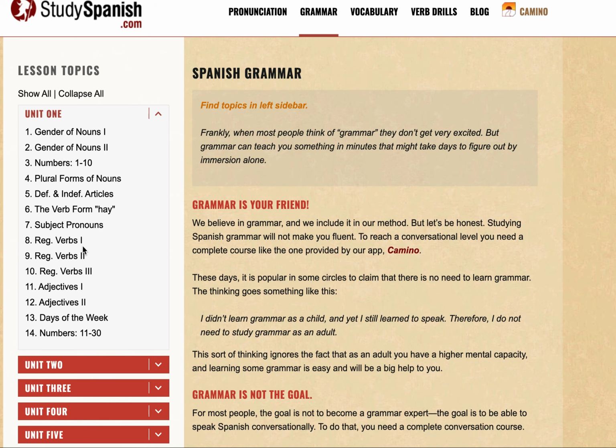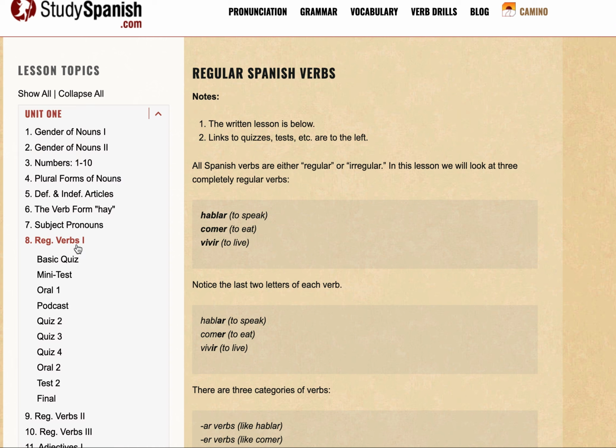In the last video, we were looking at regular Spanish verbs, just trying to reinforce what you have learned. We had seen the first two forms, the subject forms: yo, and then usted.